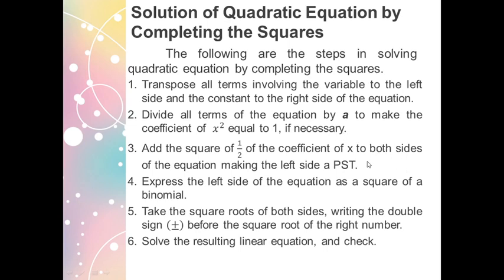Number 3, add the square of 1/2 of the coefficient of x to both sides of the equation, making the left side a PST. Number 4, express the left side of the equation as a square of a binomial. Number 5, take the square roots of both sides, writing the double sign before the square root of the number. Then last, solve the resulting linear equation and check.